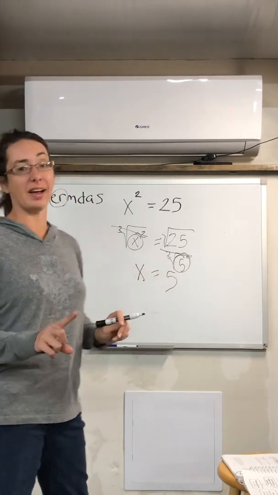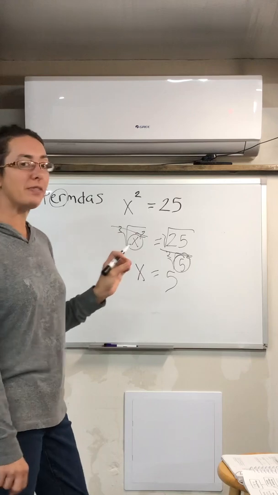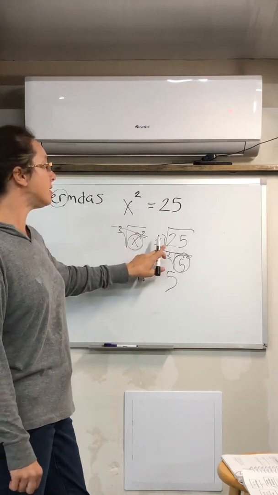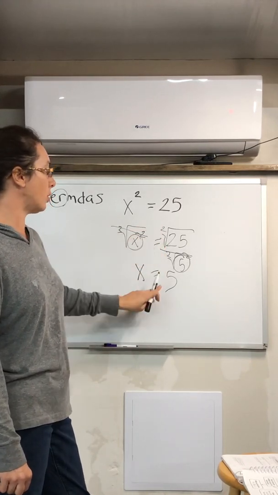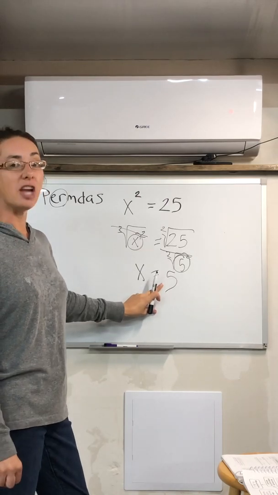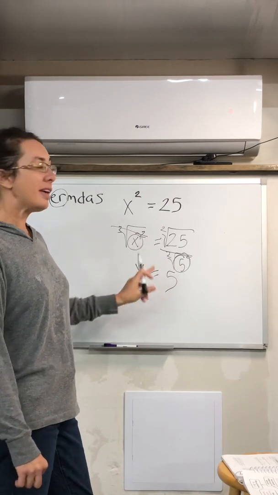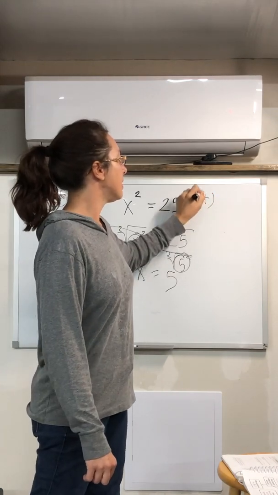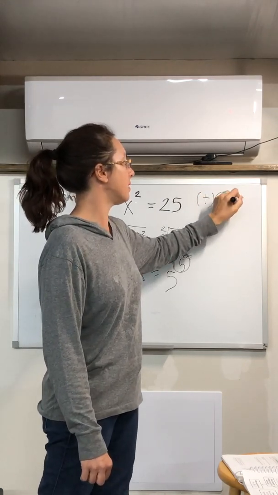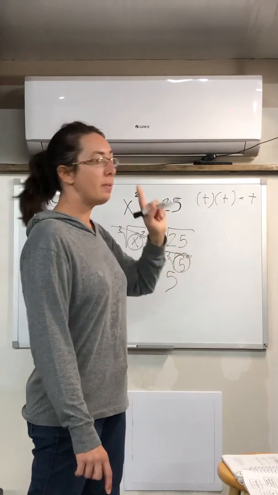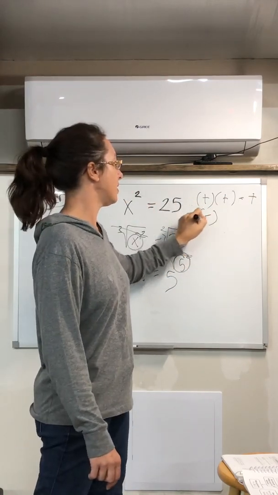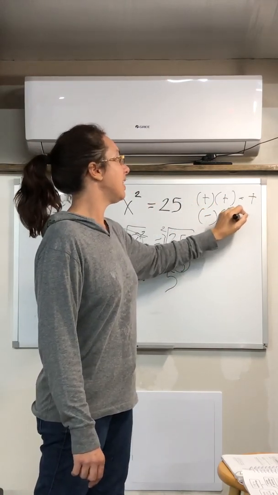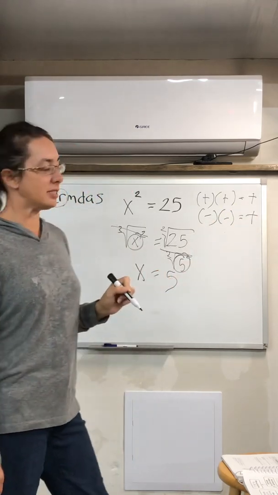Now our catch was, we went over this briefly last week, that when we are dealing with a square root, our answer is not just 5. Because when we have math problems, remember, a positive times a positive is a positive number, but also a negative times a negative is also a positive number.